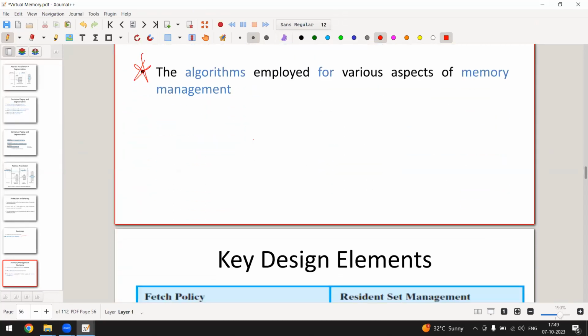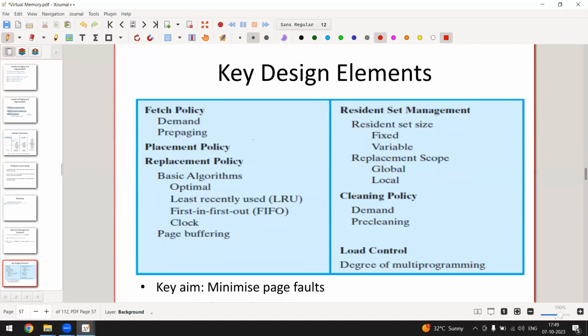So what kind of decisions we have to take, and what kind of policies or algorithms we are going to study. This is the overall idea of our topics for the next discussion.